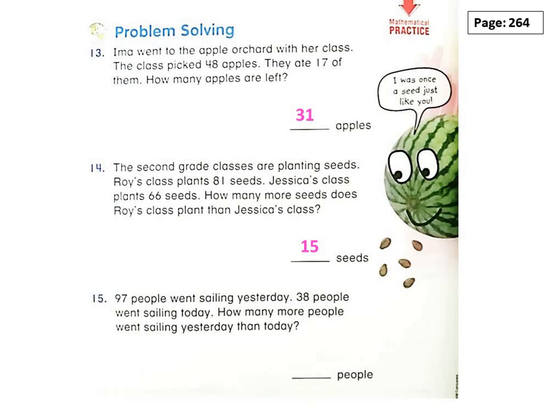So 97 minus 38 equals what? What do you think, grade 2? Did you say 59? If so, you are totally right, grade 2. Again, try to check it by yourself. So please, grade 2, be sure to write these answers on your book, page number 264.